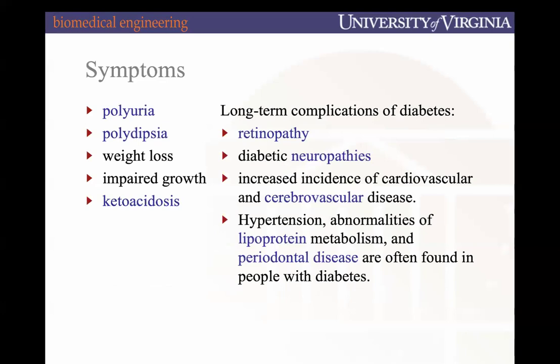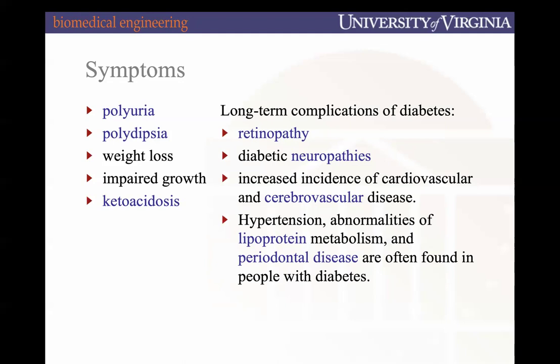Some of the key symptoms are really related to one another. So polyuria is excessive urination. Polydipsia is constant thirst. Part of the reason is that when the elevated sugar concentration in the bloodstream gets to the kidneys, and the sugar is filtered into the urine, it creates an osmotic pressure that drives a lot more water to be excreted into the urine.